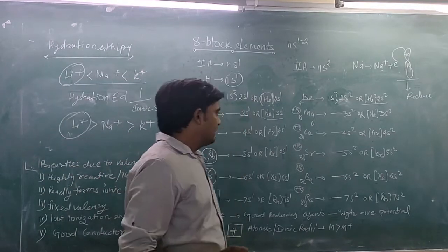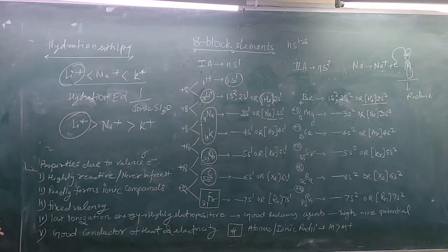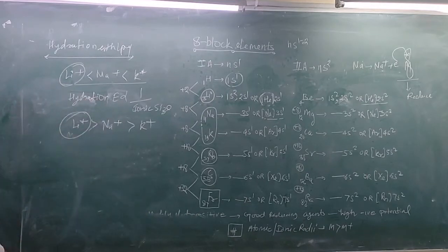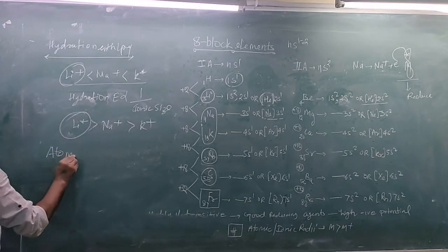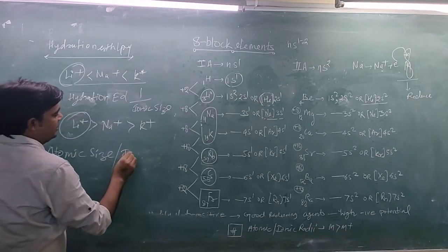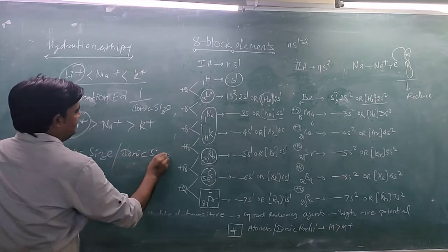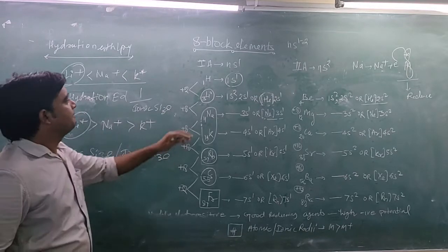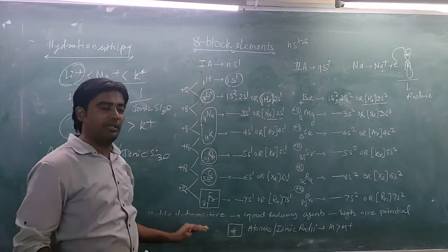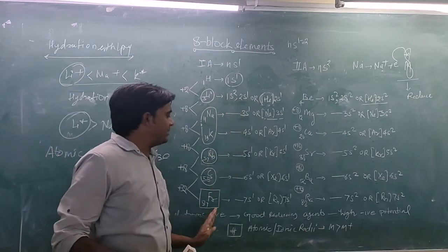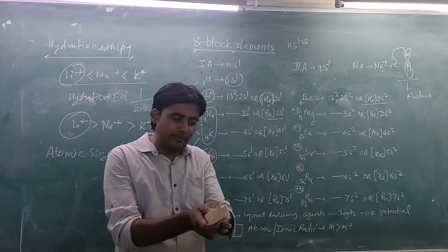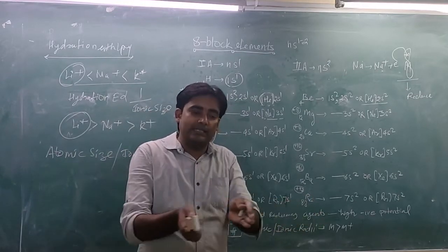Now if we talk about the atomic size or ionic size of S block elements, if you go from top to bottom, the atomic number increases. As the atomic number increases, the number of shells increases, which means the atom increases in size.